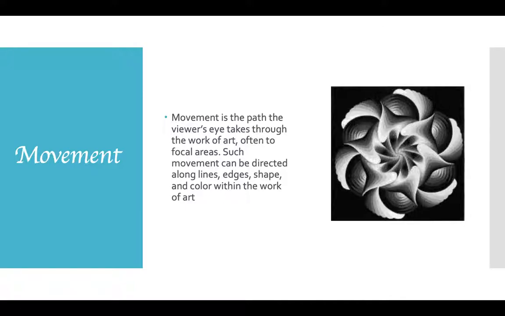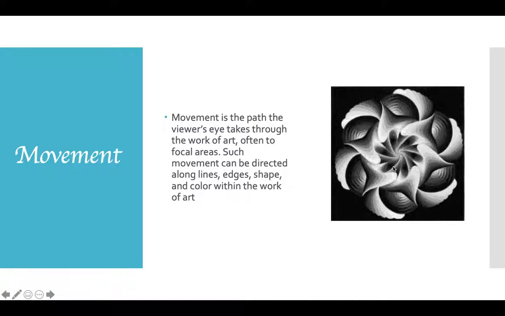So you can use that with lines or edges. You can use it with your shapes, and of course colors. So you can have movement that's diagonal, vertical, horizontal. You can have curving movement, flowing movement, or progressive movement.